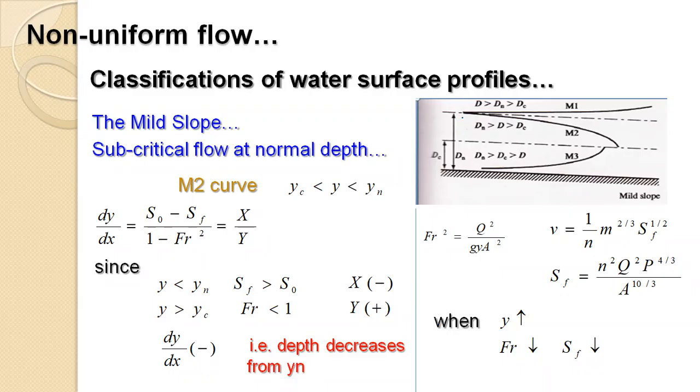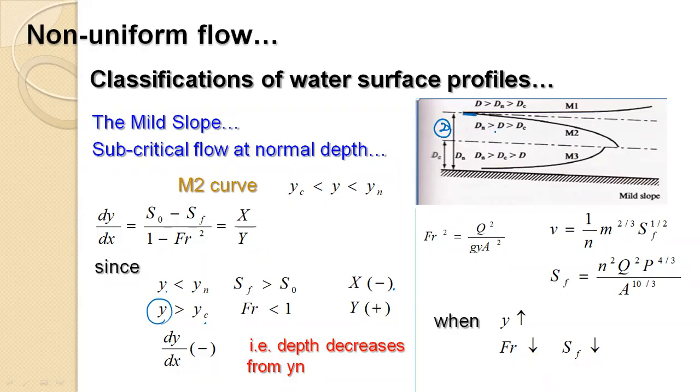Now earlier, when you are here, friction slope and bottom slope are equal to each other, and if the water depth goes down from the normal water depth, that means the friction slope should be greater than S0. So that means the numerator would become a negative quantity, but still y is greater than yc. So you are within this region.